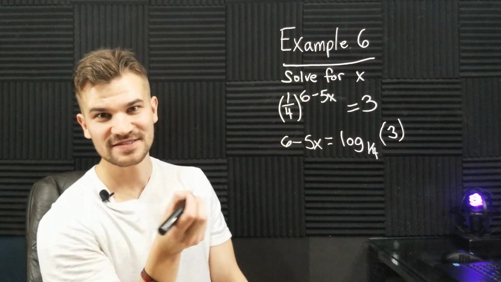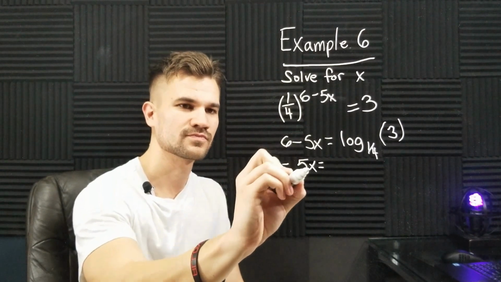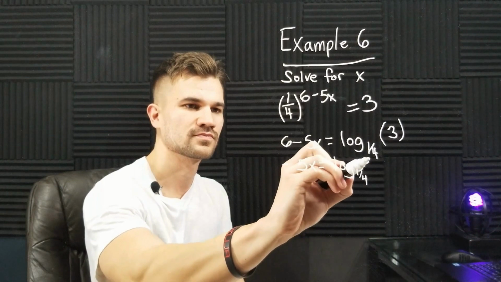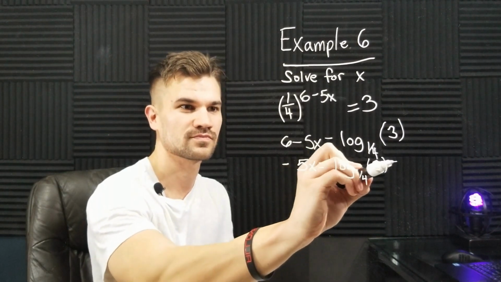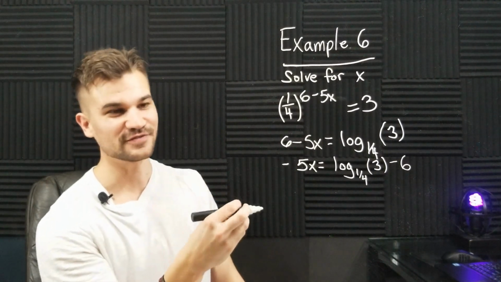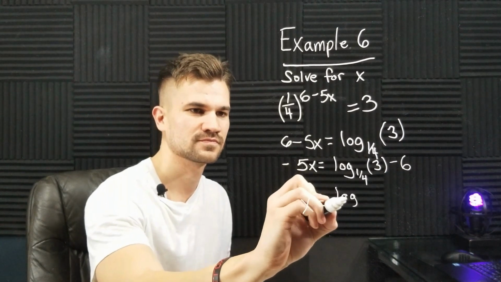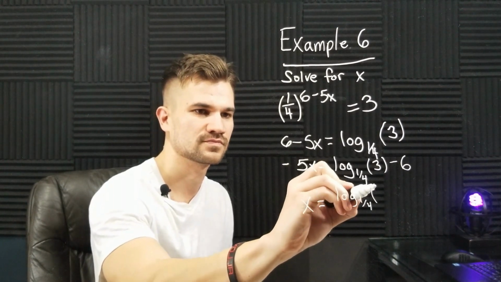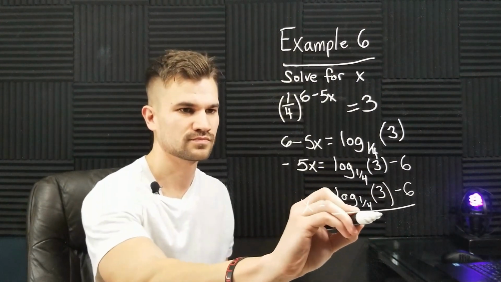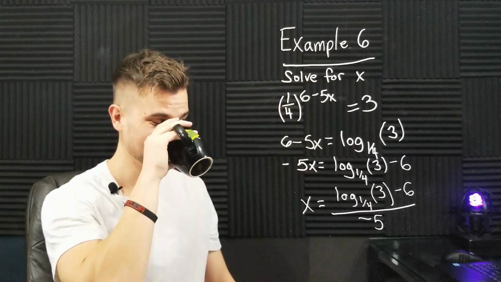All right, and let's subtract 6 from both sides. And then we'll divide both sides by -5. Okay, there we go. That's a number.